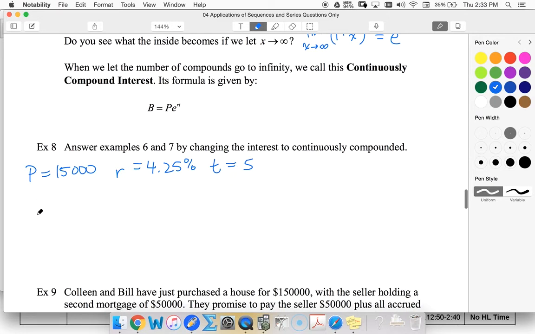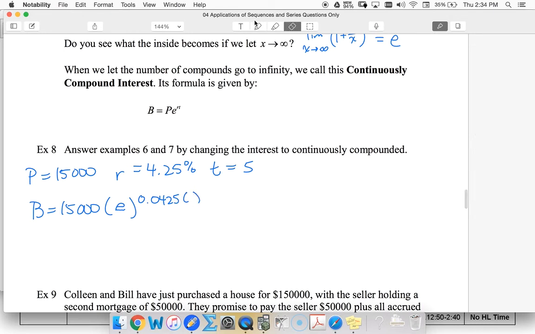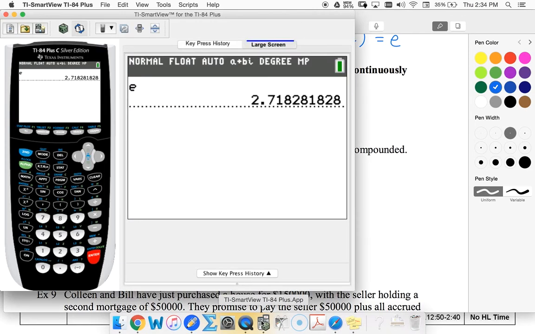So continuously compounded would tell me that my balance would be 15,000 times e to the 0.0425 t. Sorry, my t is 5. Remember, our calculator has that handy e to a power button. So 15,000 times e to the power of 0.0425 times 5.